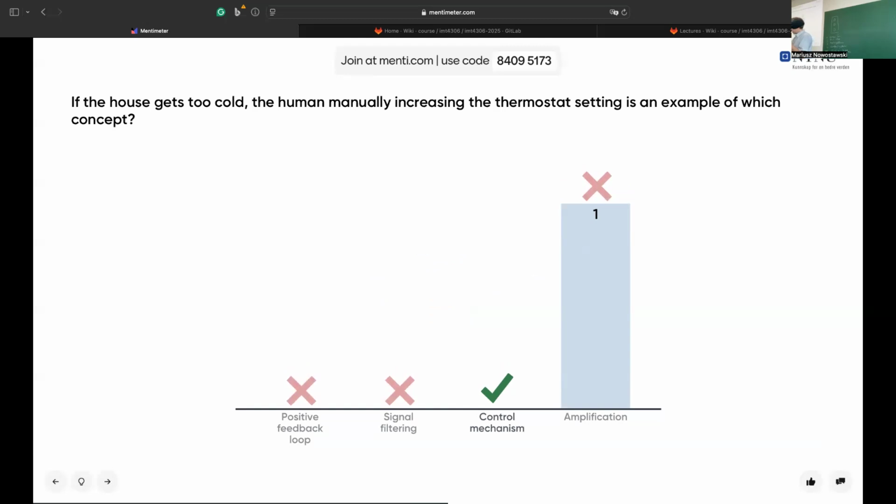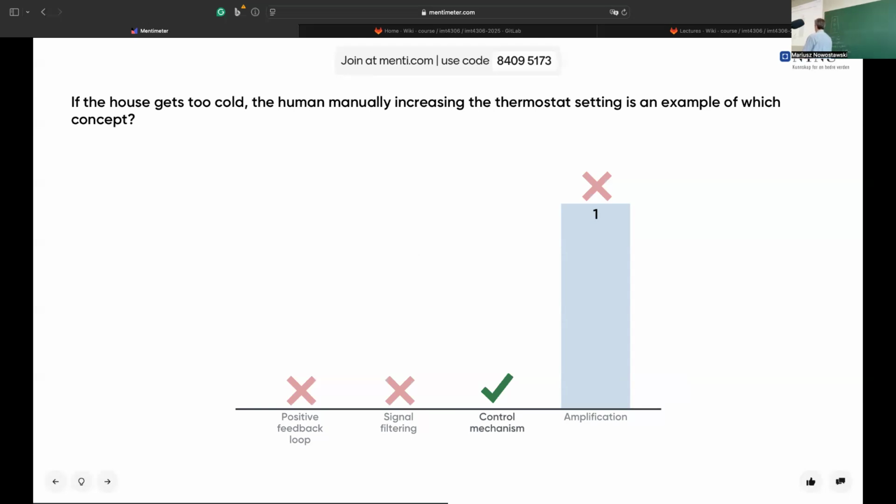The thermostat measures the temperature and then regulates the heater, right? And when the human adjusts the thermostat, it controls the feedback, right? So it controls the system. So it is an example of a control mechanism. So a human is a controller who controls the settings of the feedback loops, right?